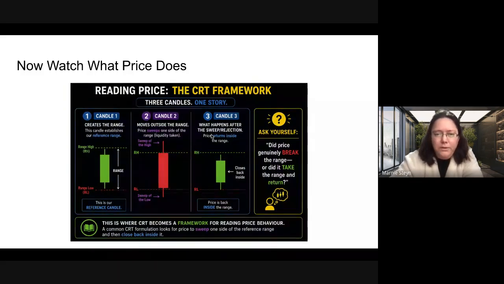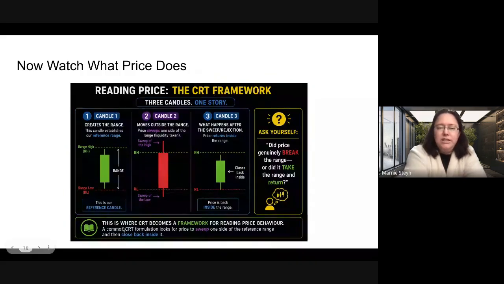What happens after the sweep is what we call the rejection, and then price returns inside the range. So price is back inside of the range, and then you have a valid CRT setup. So you need to ask yourself, did price genuinely break the range, or did it take the range and return?